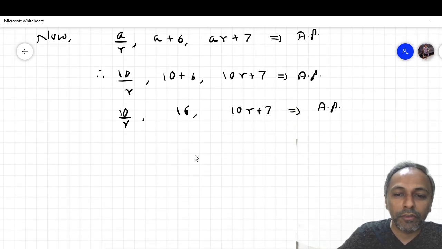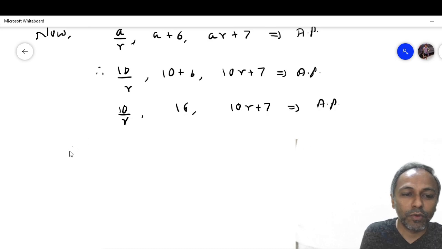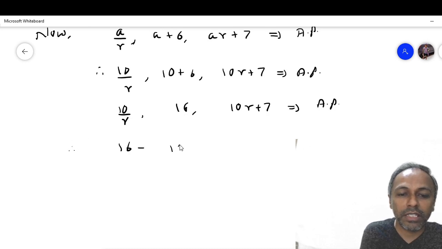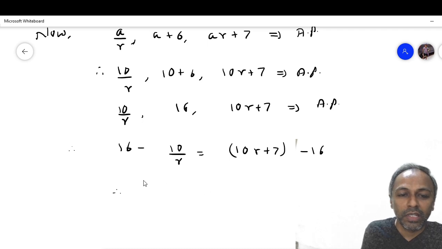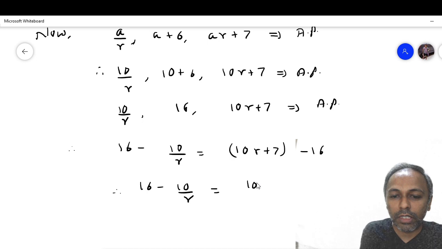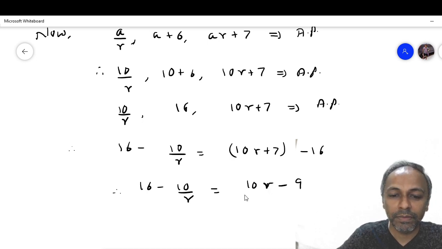For an AP, the common differences are equal. Therefore, 16 minus 10 upon R is equal to 10R plus 7 minus 16. Therefore, 16 minus 10 upon R is equal to 10R, 7 minus 16 is minus 9.